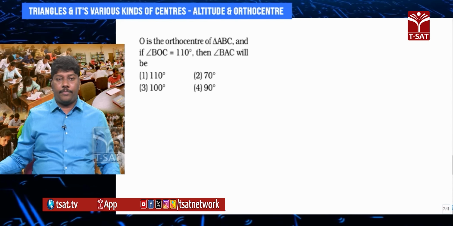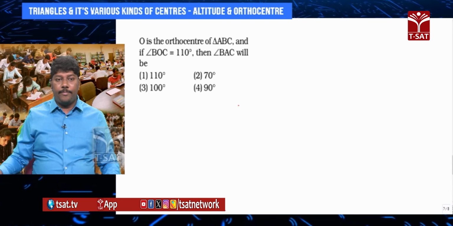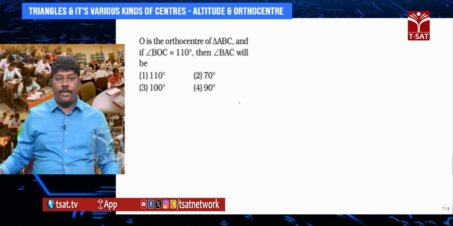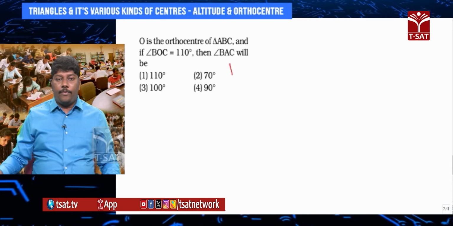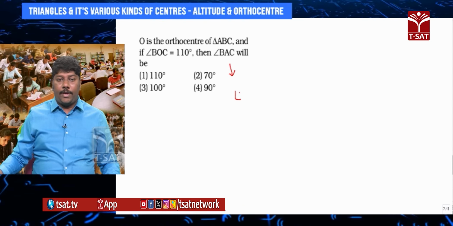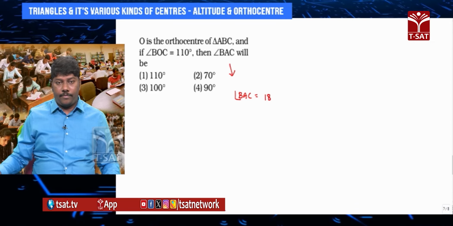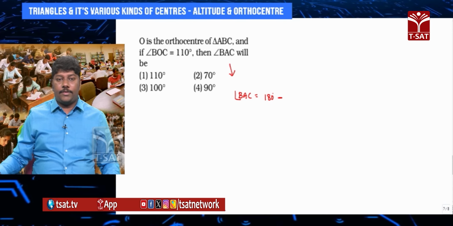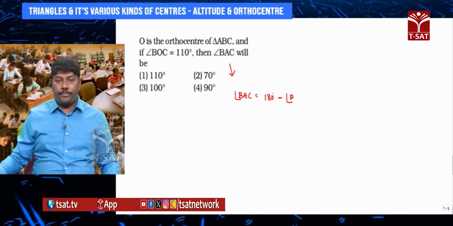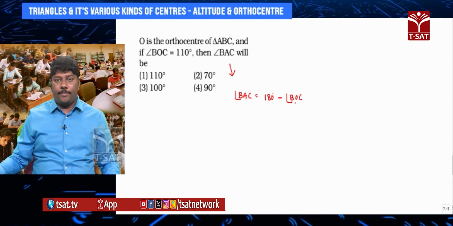Next. O is the orthocenter of triangle ABC and BOC is equal to 110, BAC will be? So, the angle formed at the orthocenter and angle A. If I ask you angle BOC, it is 180 minus angle A or else angle BAC.